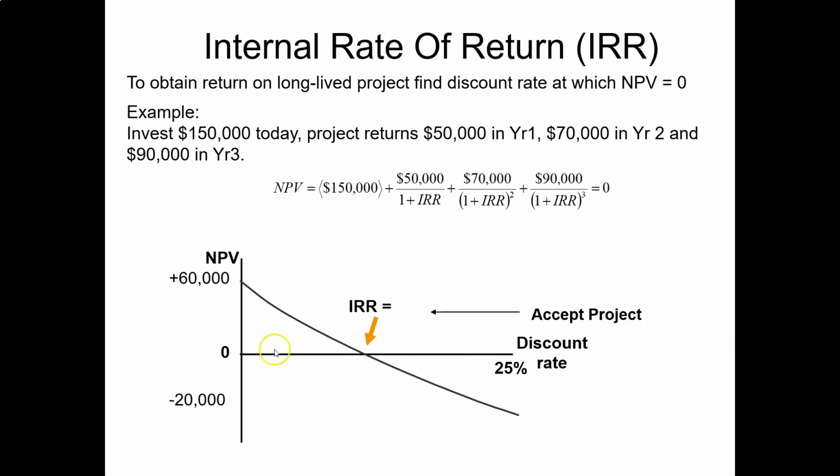So if the actual discount rate is lower than the internal rate of return, net present value will be positive. We accept this project. If the actual discount rate is higher than the internal rate of return, then the net present value will be negative. We reject this project.